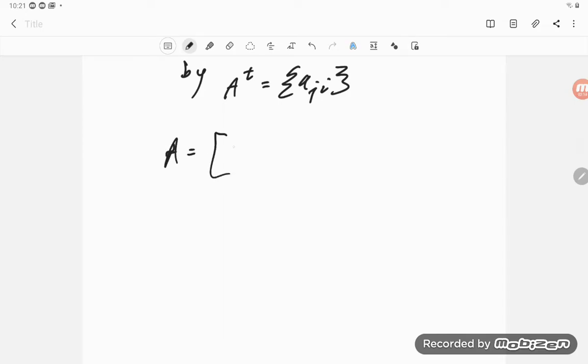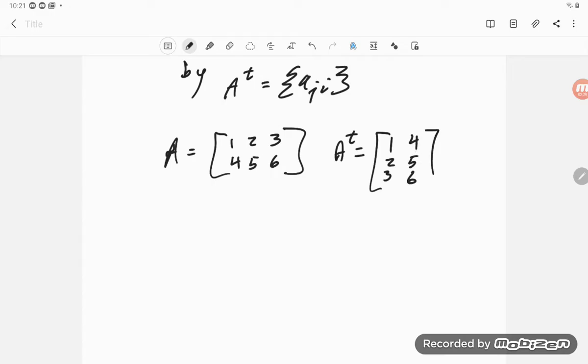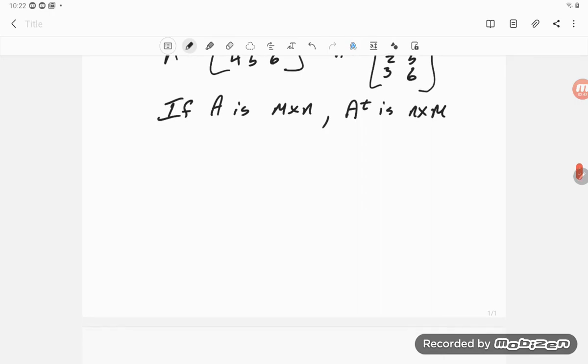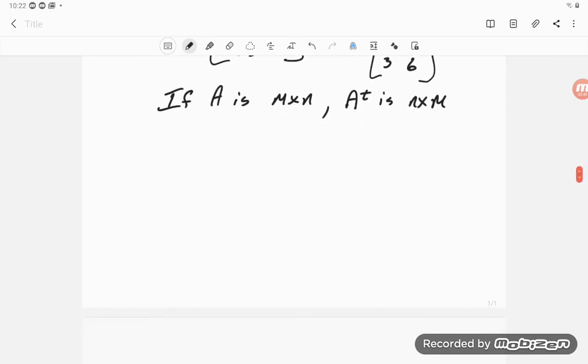If A is 1, 2, 3, and then 4, 5, 6, then A transpose: take the first row, make it the first column, take the second row, make it the second column, and there's A transpose, right? So if A is m by n, A transpose is n by m. Okay, so that's kind of neat.